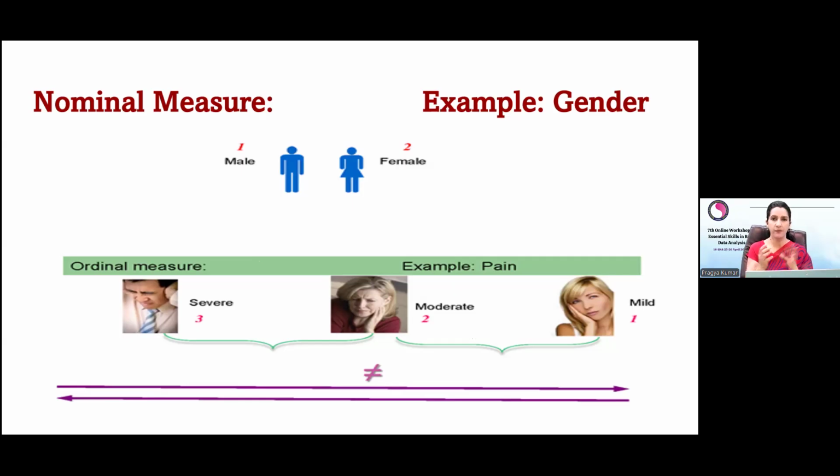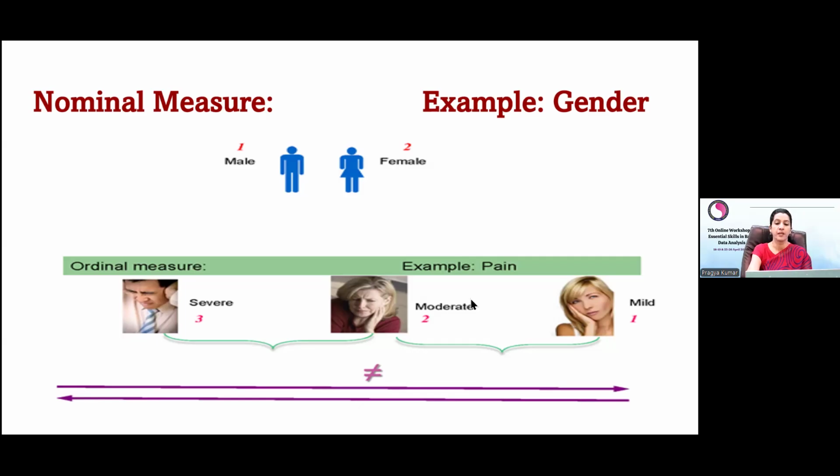One person says I am having mild pain, some person might say I am having moderate pain, and some person can say I am having severe pain. Here also I have to give a number to it. I will give 1 to mild, 2 to moderate, because it is higher than mild, and 3 to severe, because it is higher than both moderate and mild.